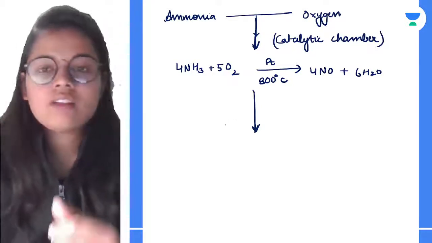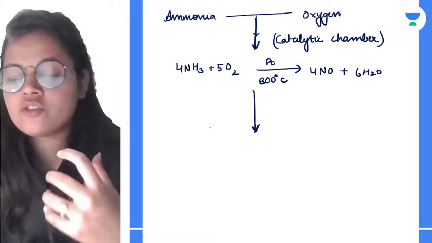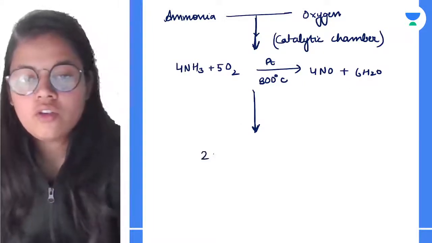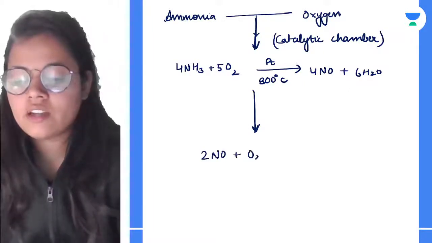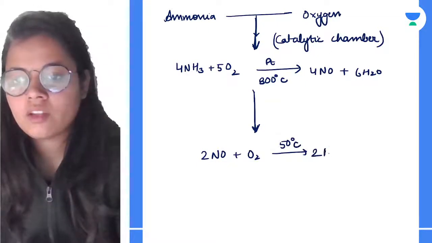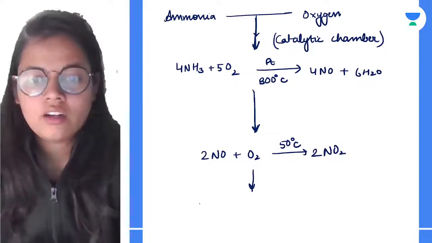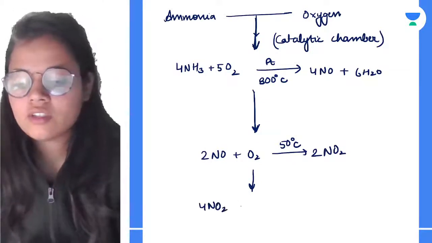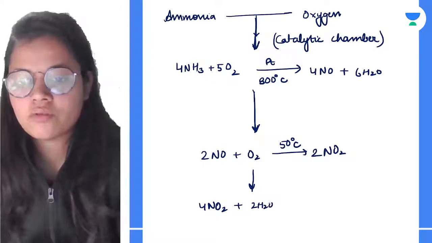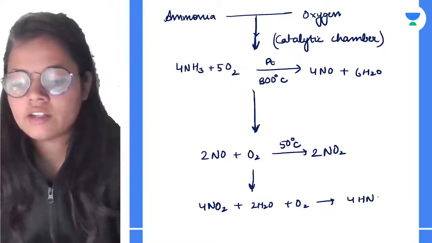Why? Because the complete oxidation of nitric oxide needs to take place. So oxidation is happening here, and then it goes into the absorption tower, where this nitrogen dioxide combines with water and oxygen to produce nitric acid.